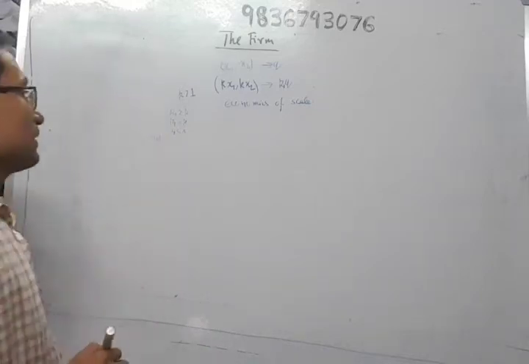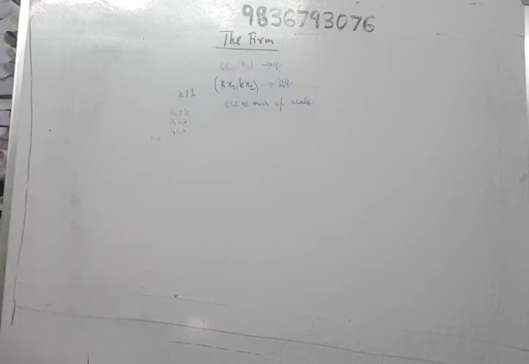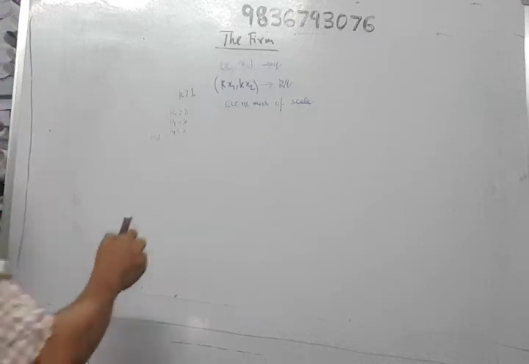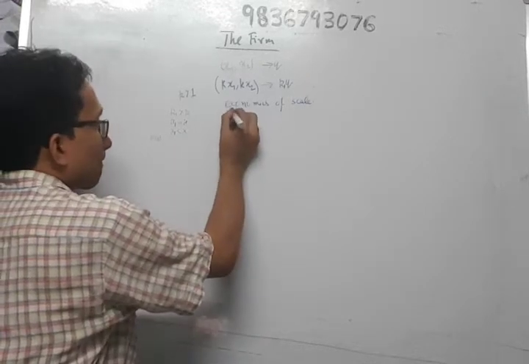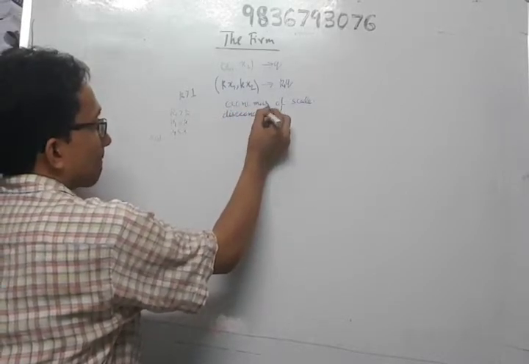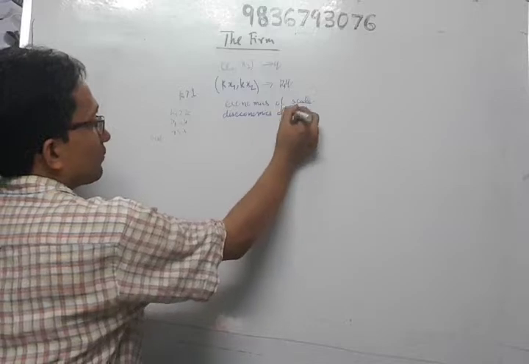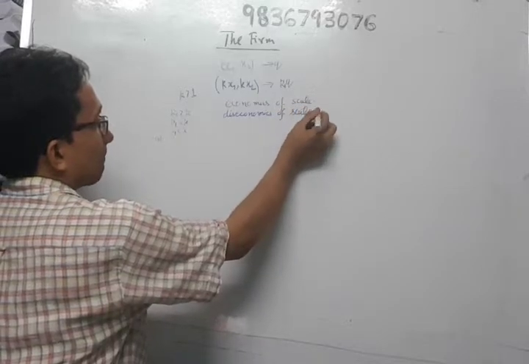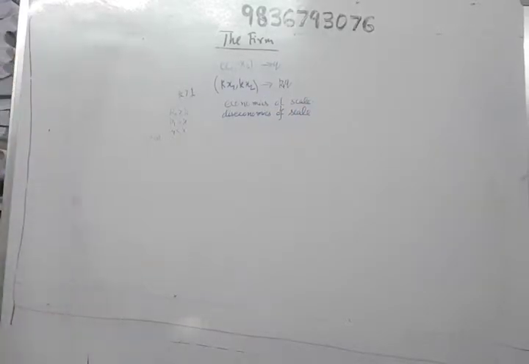Whereas when k1 is less than k, that means in decreasing returns to scale, I am having diseconomies of scale. Here, if I'm doubling my inputs, my output gets less than double.